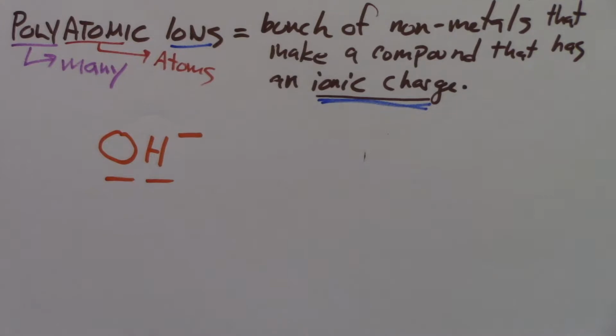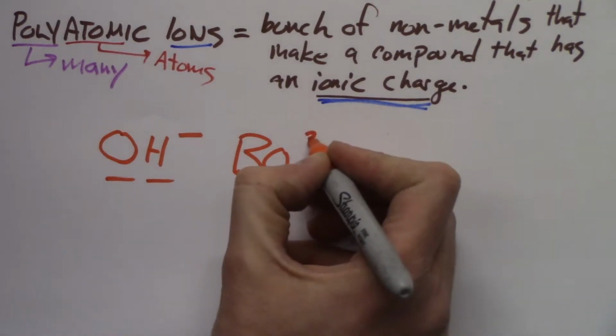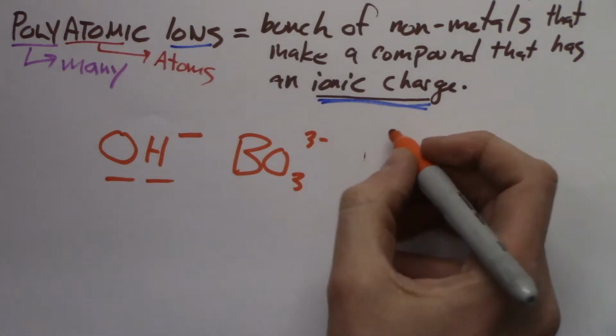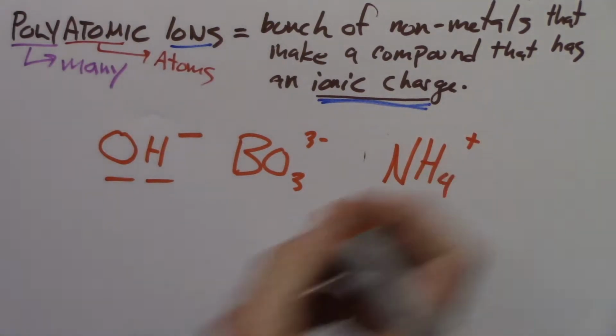We can use this to make an ionic compound. Another one. How about this one? BO3 with a 3 negative charge. That's borate. Again, you don't have to memorize these. They're on a table. Another one that's really, really important is NH4 with a 1 plus charge.